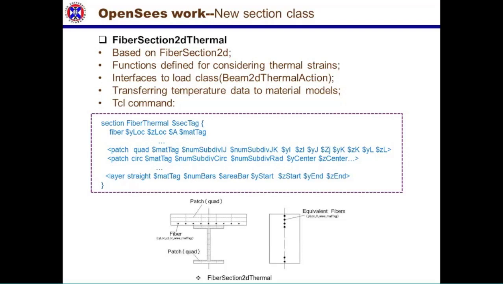And we have the interface to the loader class, which is the beam thermal action, to get the temperature-dependent properties, and we have the transferring. We have to transfer the temperature data to the material models, which is defined in the Steel01Thermal, Steel02Thermal, and Concrete02Thermal. And the Tcl command for FiberSection2dThermal is a little bit similar to the fiber section, but the keyword is a little bit different because we have the fiber thermal.